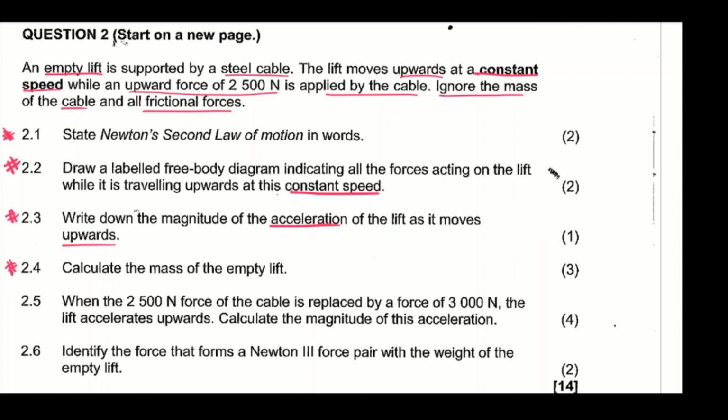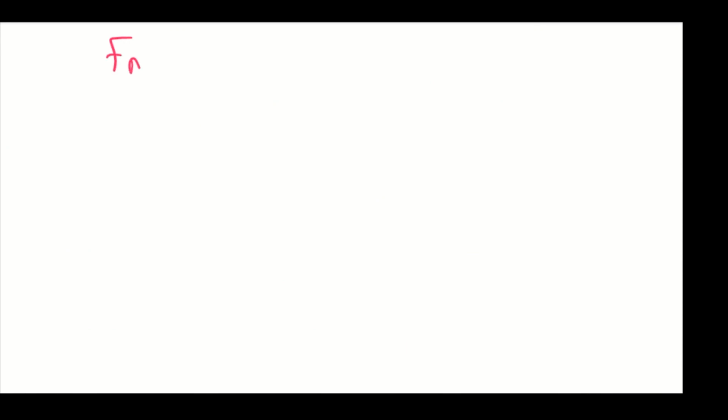2.4, calculate the mass of the empty lift. Now we want to know the mass of the empty lift. We must take into account the information that was given in the statement. We have the applied force of 2,500 newtons, and we know the lift is traveling at constant speed.